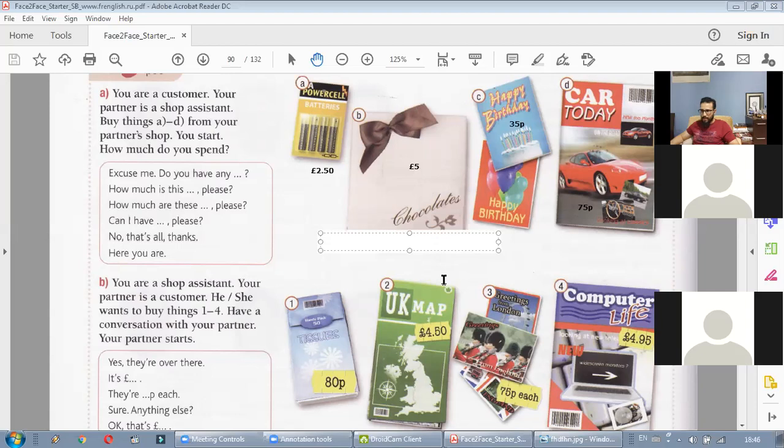Yes, they are over there. Aha. How much is this? Chocolate box maybe. How much is this chocolate box? Good. The question is correct. Please. It's £5.